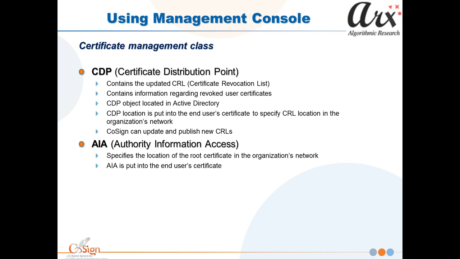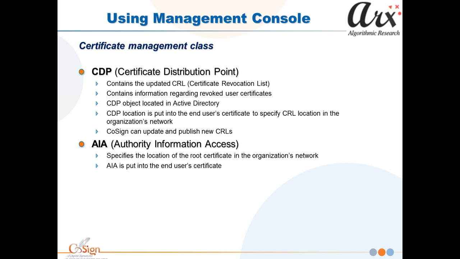And when you're publishing to Active Directory in the sysvol, CoSign can actually update and publish the new CRLs when they're required. The AIA information is also published to sysvol, specifies the location of the root certificate within your network, and that information is also embedded into the end user certificate. So when you're syncing against Active Directory, it's actually quite simple because CoSign handles all of that publishing for you.